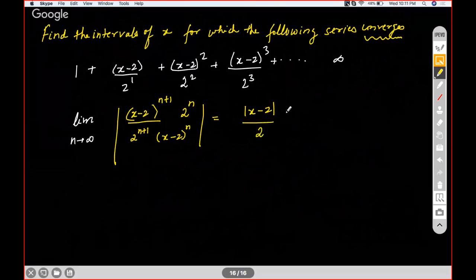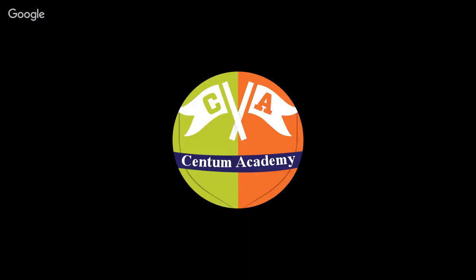That means mod of x minus 2 should be less than 2, so x minus 2 should lie between minus 2 to 2. That means x should lie between 0 to 4. Oh, okay, yeah, that's what I meant. Is that fine?